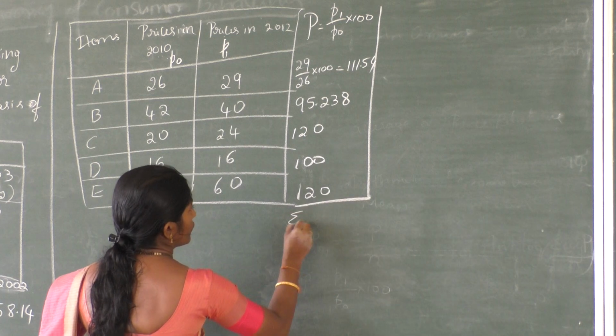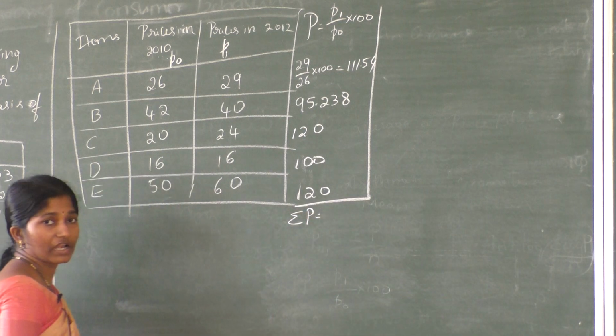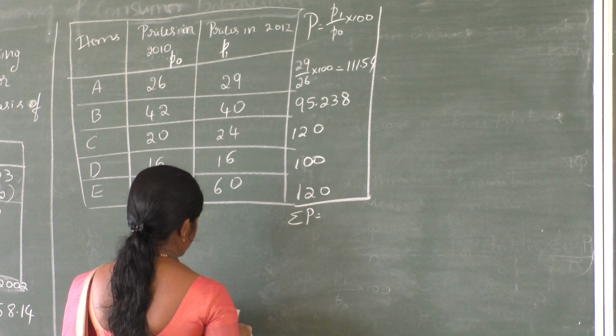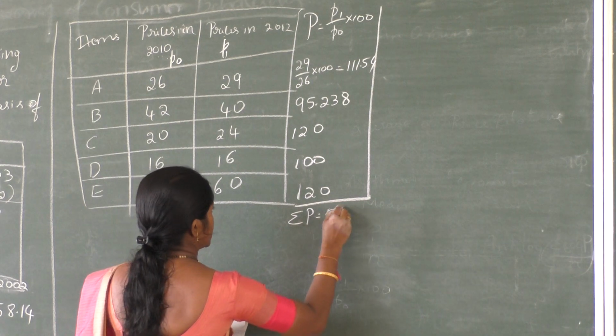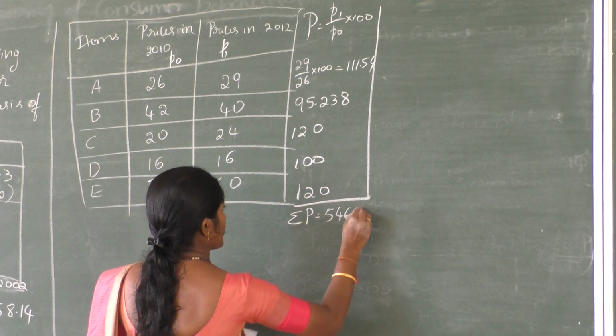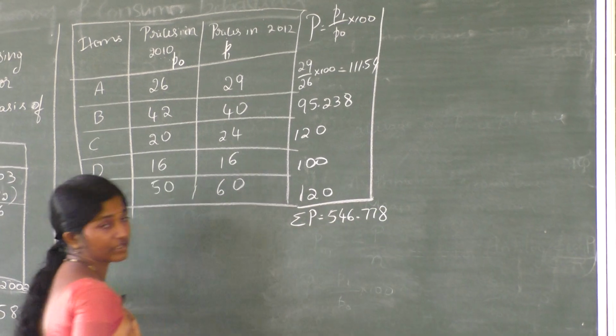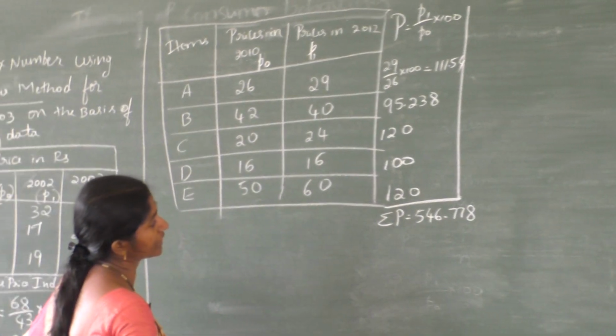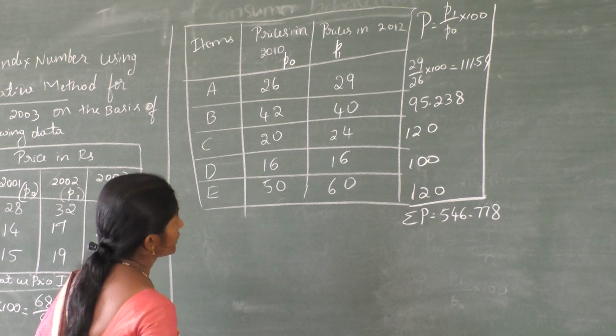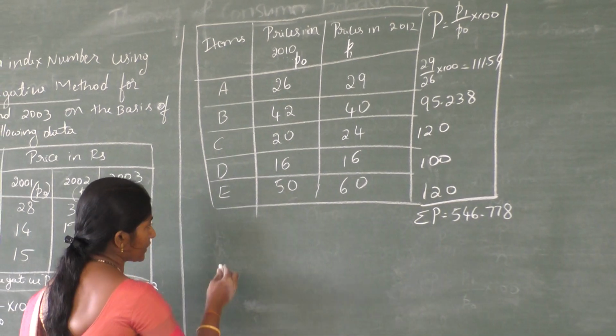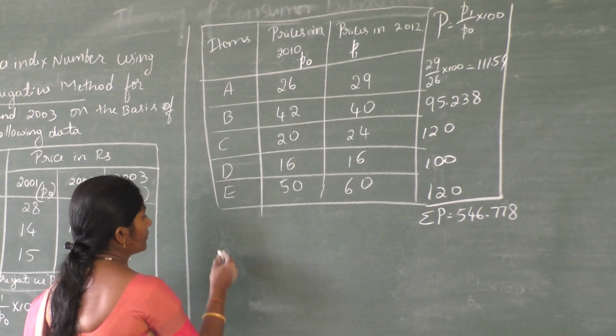The total value of price relative is 546.778. This is our answer. Now we will calculate arithmetic mean of this problem.